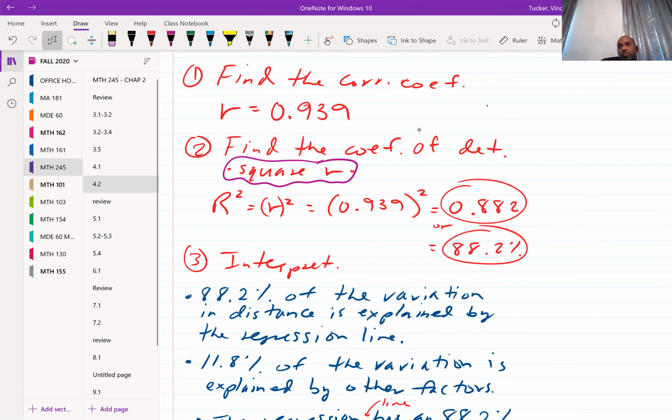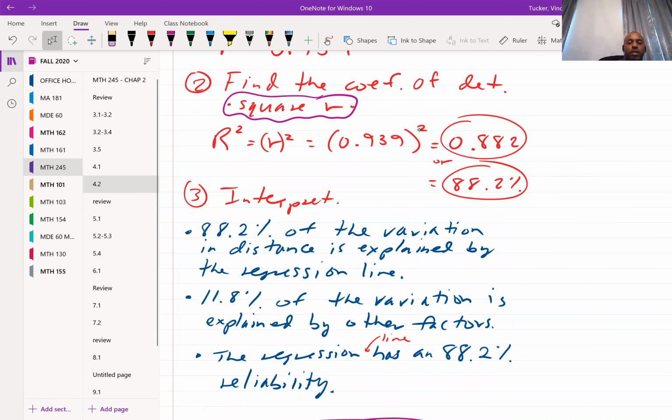Let's say wind could have blown the ball, strong enough wind gusts. Maybe the guy or lady, whoever's doing it, could have swung a little differently, twisted the hip a little differently. Different things could prevent the regression line from being as accurate as possible, and that's the 11.8%. And so that means the regression line has 88.2% reliability.